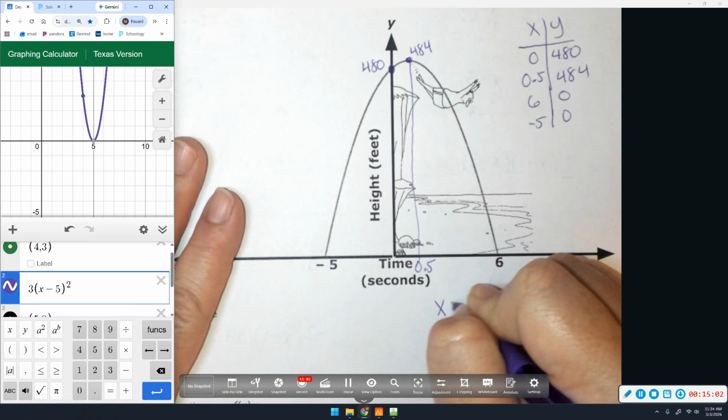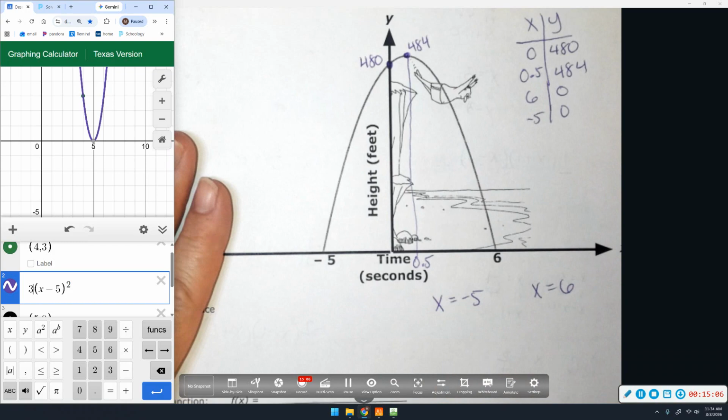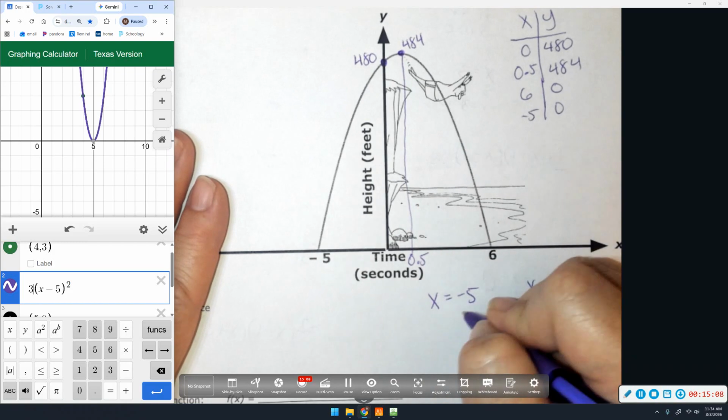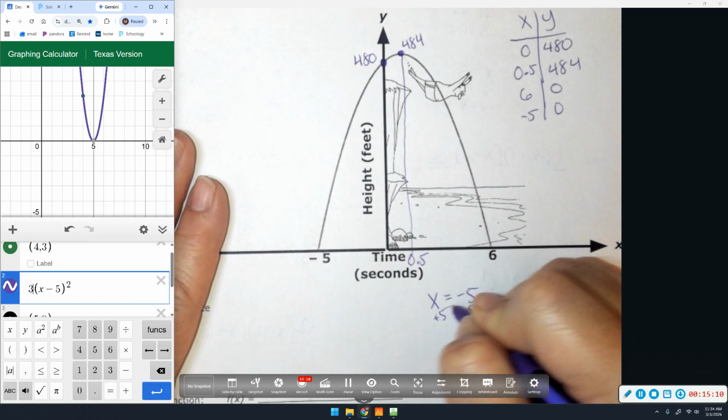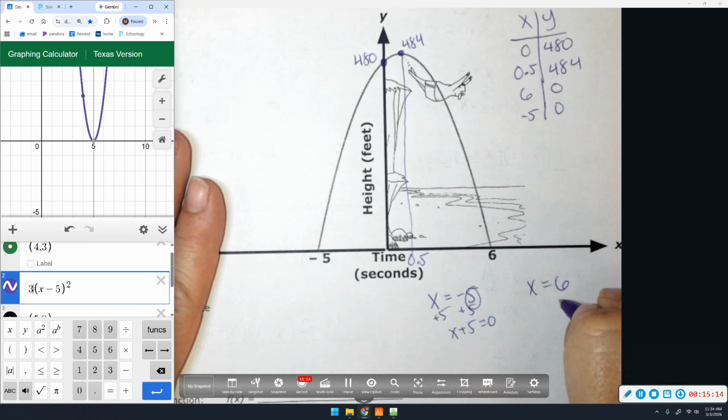So x equals negative 5, x equals 6. What do I do? Plus 5 to both sides. x plus 5 equals 0. What about this one? So my two factors are x plus 5, x minus 6.